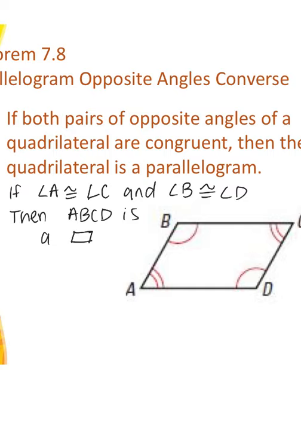Remember that slanted box is the symbol for parallelogram. If you forgot it, just write it down again. We'll be using that to abbreviate a lot in these lessons to come. If you want to highlight these in one color, like B and D in blue, and A and C in another color, just to have it really stand out for you, be my guest.